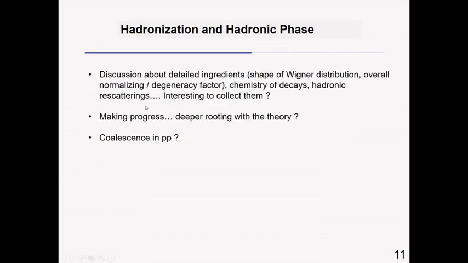Okay, and then, for me, the million-dollar question is how we make deeper contact with theory, especially now that we are seeing some kind of spectrum of models. LBT in the end is something like 2 plus 1 gives 2, because there are pions that are radiating.